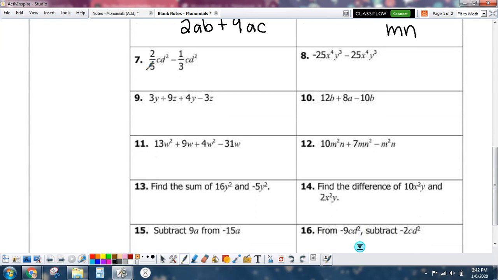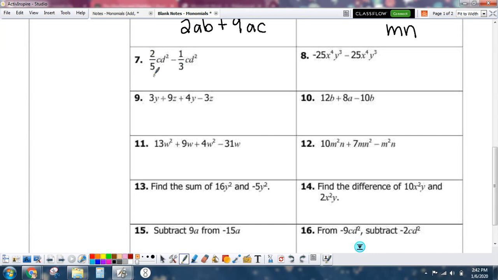All right, for number 7, this is the same idea. Yes, it's a fraction. Fractions are okay. You don't need to be scared of using fractions. If we're going to subtract fractions, however, we do need to change those to like terms. So to get common denominators, I'm going to multiply both parts of this by 3 and both parts of this by 5 to get a common denominator of 15.